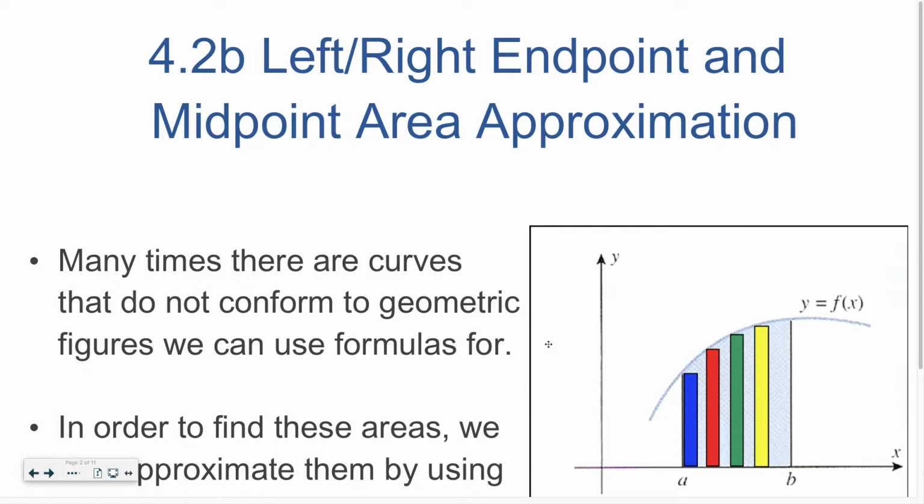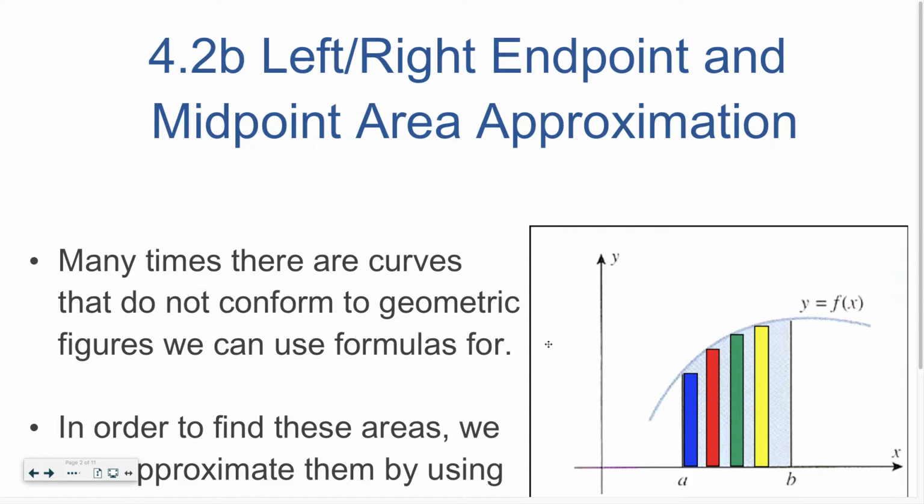Sometimes we can use geometry to find area. Well, not sometimes, like all the time. However, not always do our curves, especially if we think of polynomials, take the shape of something that we're used to finding the area of in geometry, right?